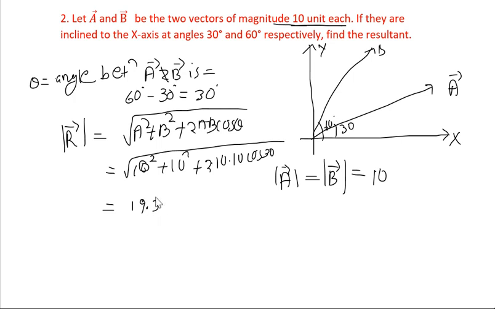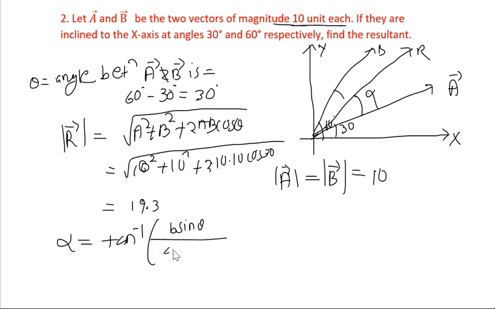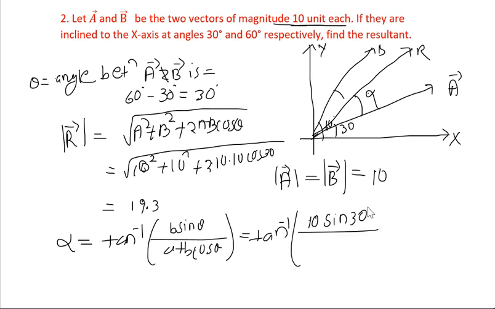Now let the angle between the resultant and the a vector be alpha. The formula is alpha equals tan inverse of b sin theta by a plus b cos theta, which is tan inverse of 10 sin 30 degrees divided by 10 plus 10 cos 30 degrees.